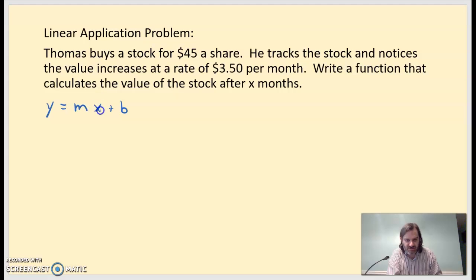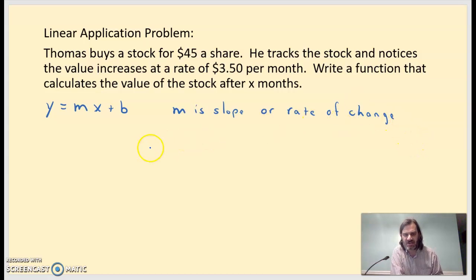And in all cases, m is the slope, or we'll refer to it as the rate of change. More so a rate of change for an application problem. b we usually think of as the y-intercept, or in our case, the starting amount.